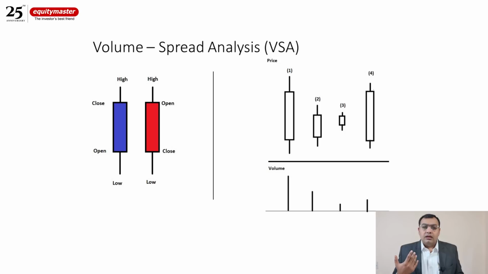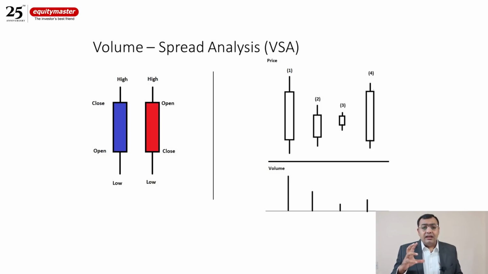Now, the middle blue and red part is the difference between open and close, and it is termed the body in candlesticks. That body differs a lot. If the body is bigger, it means a lot of bullish or bearish movement has happened. If the body is smaller, it was a narrow range day.